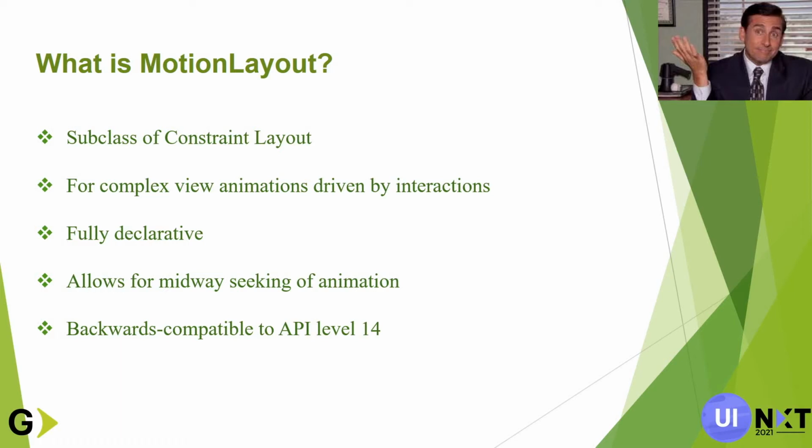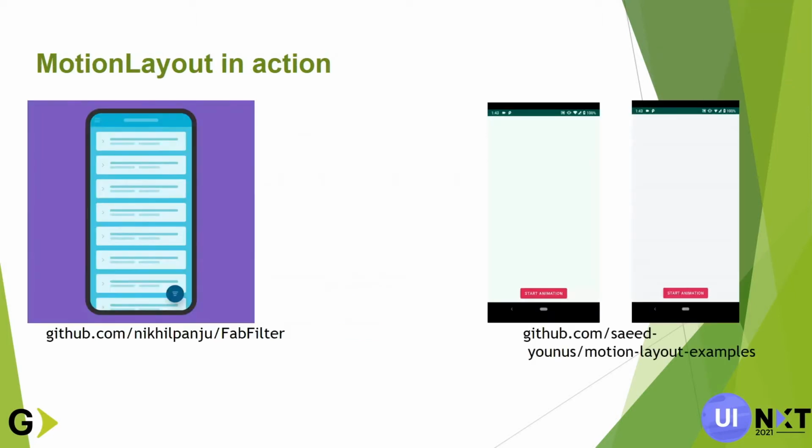It's backwards compatible to API level 14. This means that it covers a lot of Android devices. Another cool thing is that it has a motion editor, which helps you a lot when you create your animation. We will see this in action when we create the sample app.